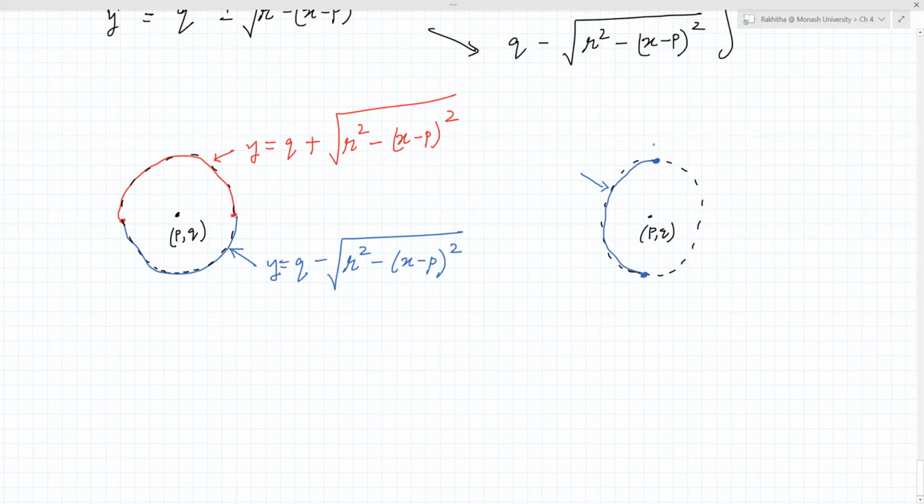Look at this. I'm going from this point to that point, so my independent variable would be y. Then what would be my dependent variable? Of course, it should be x now, right? So you have to write it in terms of x. Now you understand x is on the left-hand side. That means x should be negative, right?